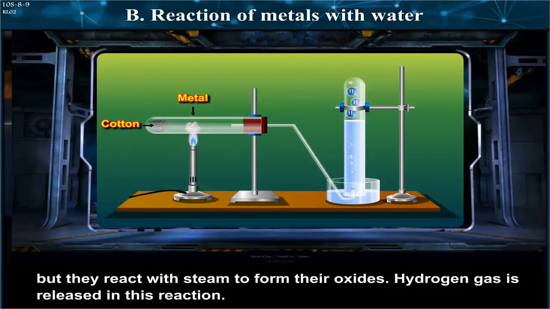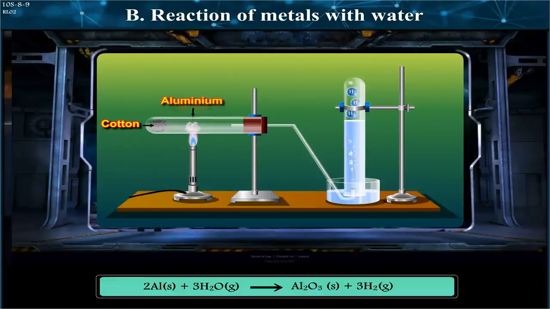Hydrogen gas is released in this reaction. 2Al(s) + 3H2O(g) gives Al2O3(s) + 3H2(g). 3Fe(s) + 4H2O(g) gives Fe3O4(s) + 4H2(g). Zn(s) + H2O(g) gives ZnO(s) + H2(g).